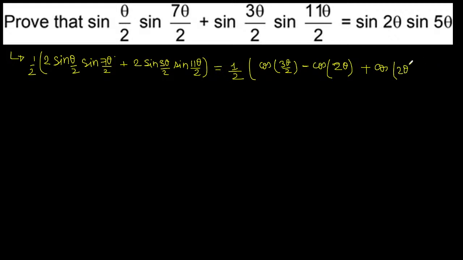Minus cos (a plus b) by 2, 7 theta by 2.